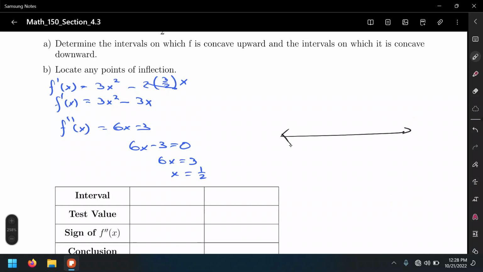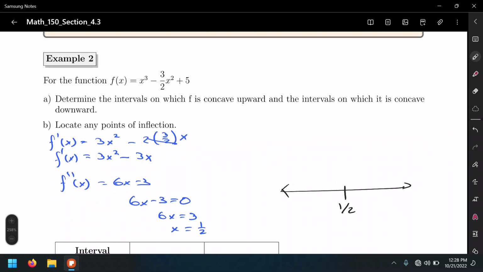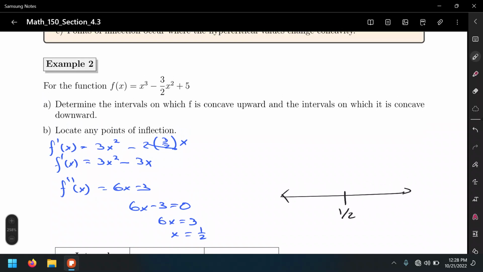So we need a number line, and we slice and dice the number line using these critical numbers. All right. Well, hypercritical numbers. In this case, 1/2. That's our only hypercritical number. And when we chop our number line at one critical number, that gives rise to 2 intervals to test.